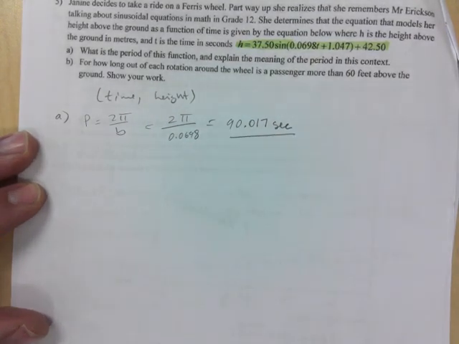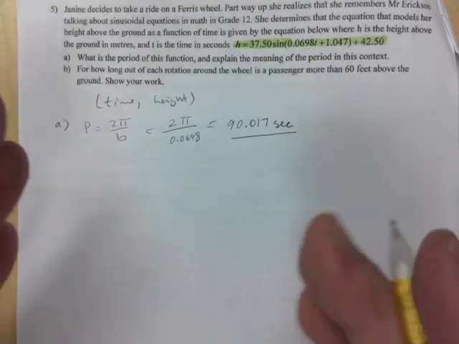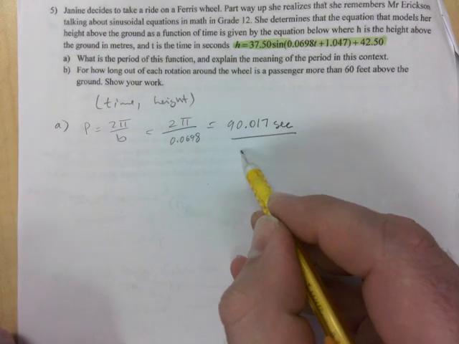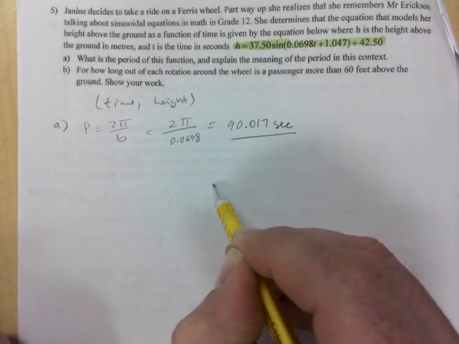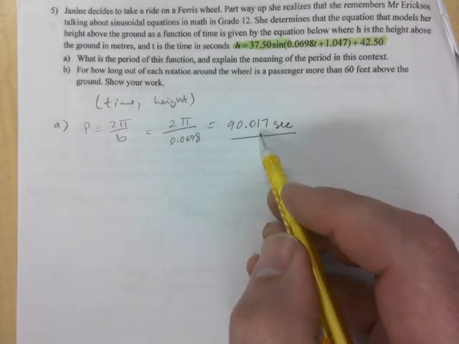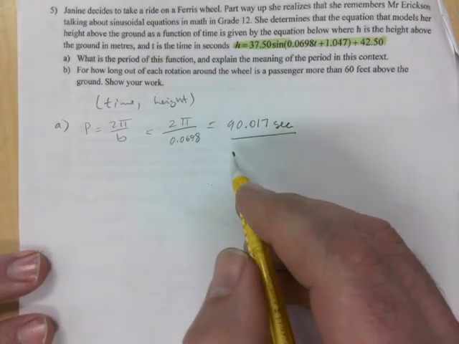Okay, in this context, period is the time it takes to go from a low up and then back low, right? That distance is approximately 90 seconds.